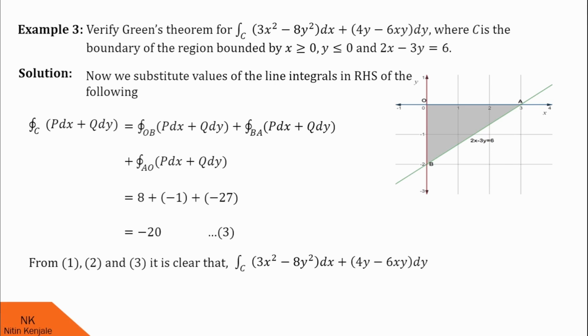Therefore, we can say that line integral P dx plus Q dy along C is equal to double integration of (del Q by del x minus del P by del y) dx dy over region R. Hence, Green's theorem is verified for this line integral where C is the boundary of the region which is bounded by x greater than or equal to 0, y less than or equal to 0 and 2x minus 3y equal to 6.